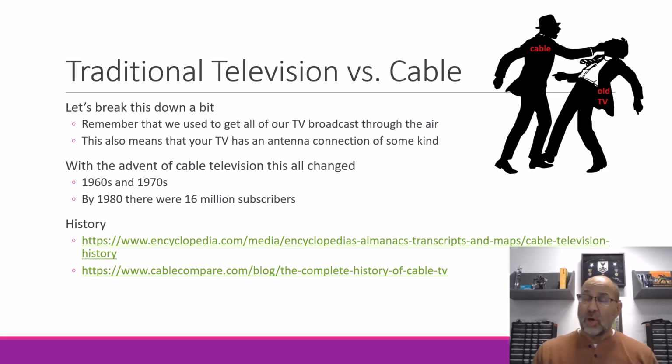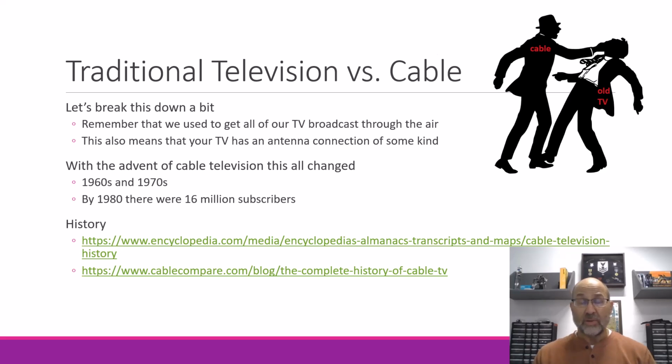Okay, so the idea dates back to the 1950s, but it actually started to catch on in the 1960s and the 1970s. And the story of cable television is actually very, very cool. It has to do with areas where the broadcast was not able to be seen very easily.